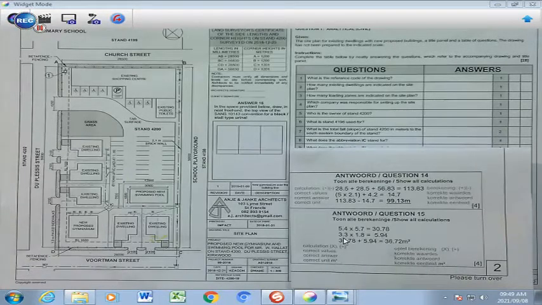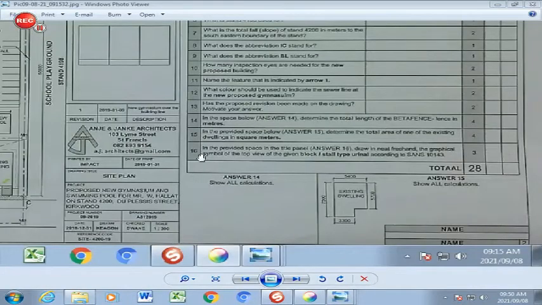So I have to add the totals of 30.78 plus 5.94, and that's going to give me a floor area of 36.72 meter square.